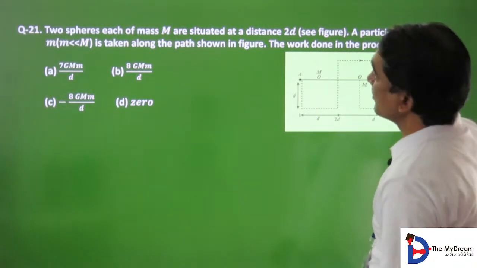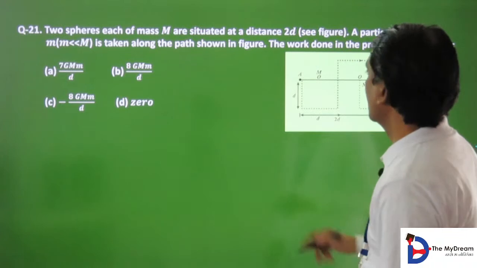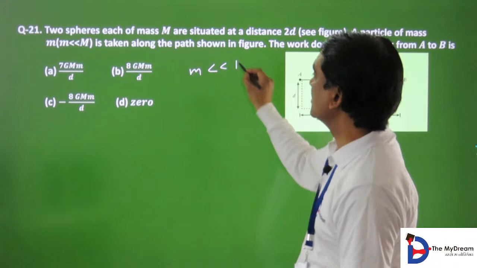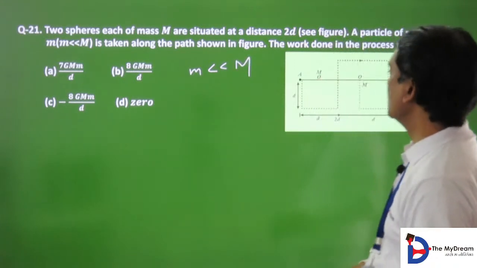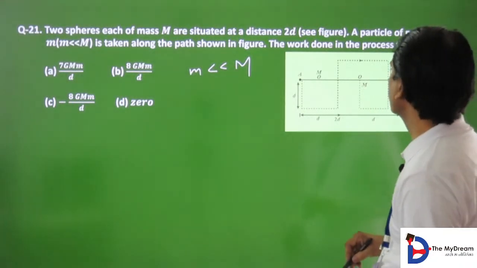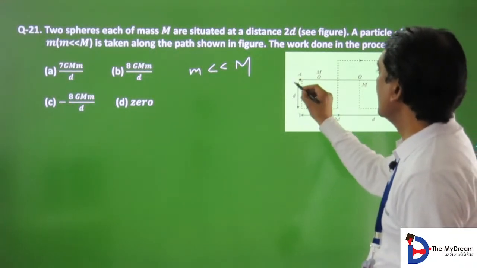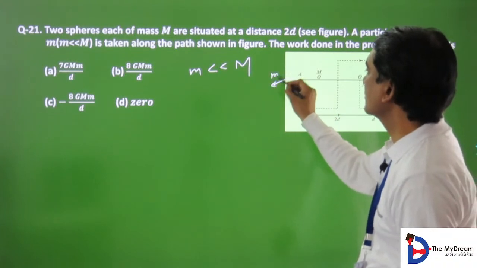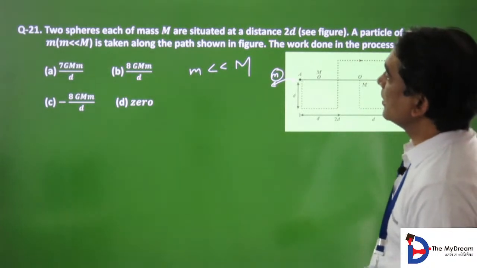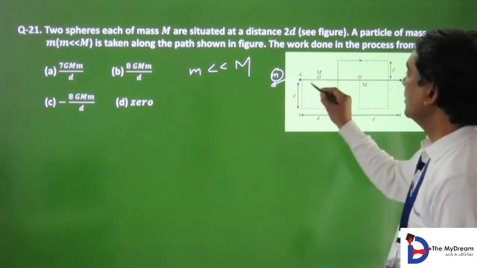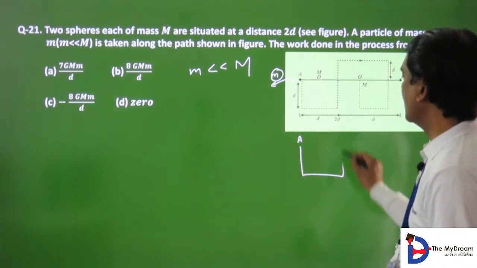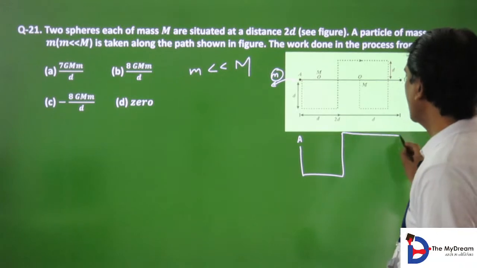A particle of mass small m, which is much smaller than the two spheres, is taken along the path shown in figure. ये यहाँ से यहाँ गया, ये से इधर गया, फिर इधर गया, फिर इधर गया, फिर इधर आया.